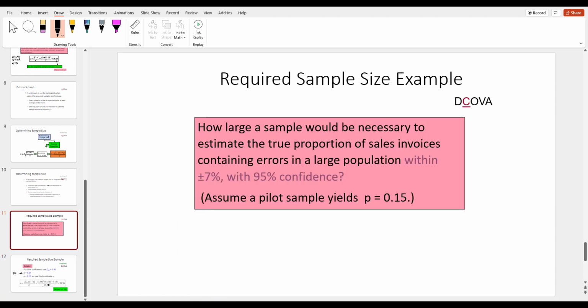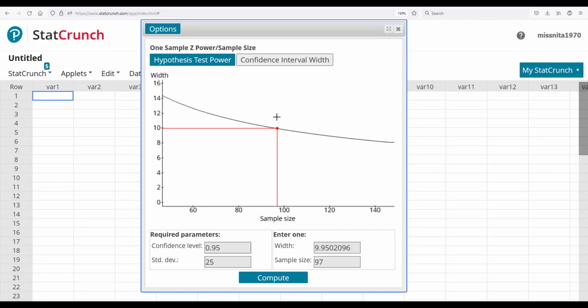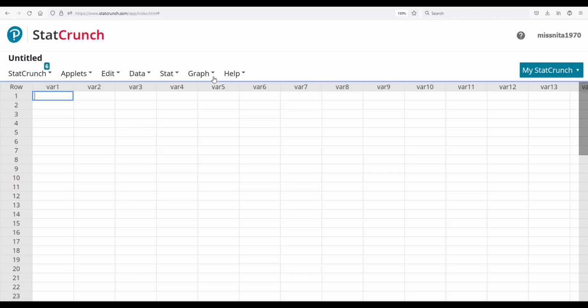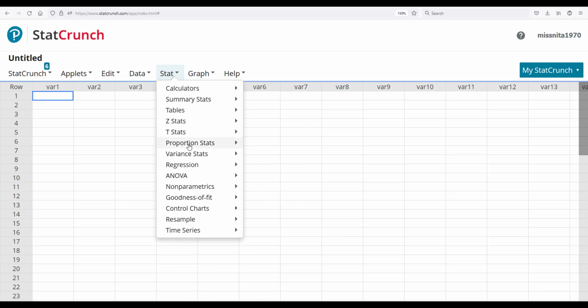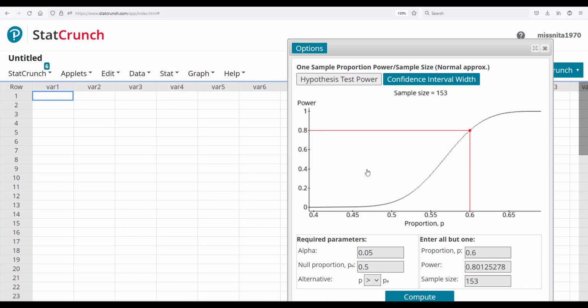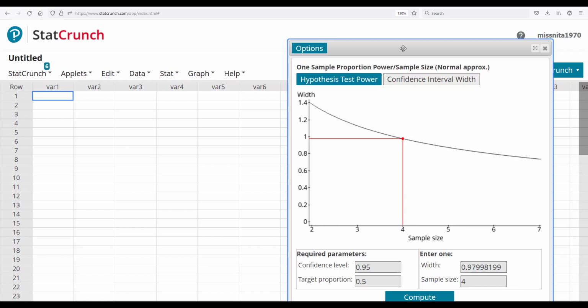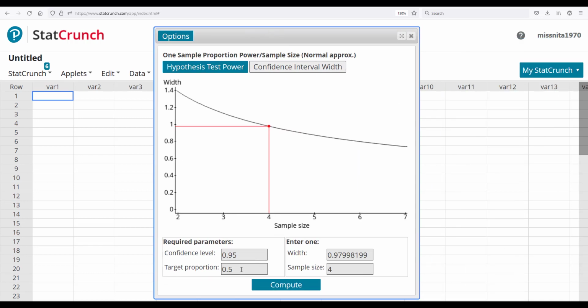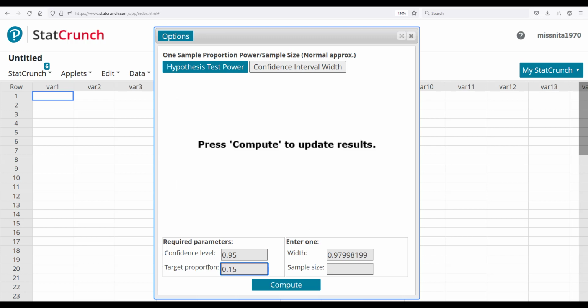So we're going to use this same information, and we are going to do this in StatCrunch. This time we're going to go to Stat, Proportion Stat, One Sample, and then Power Sample Size. I'm going to click where it says Confidence Interval Width, and we're going to type in our information. Our confidence level is 95% or 0.95. The target population was 0.15. And if we go back to the problem, it said 7%.